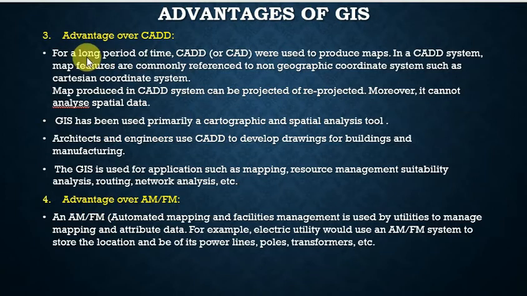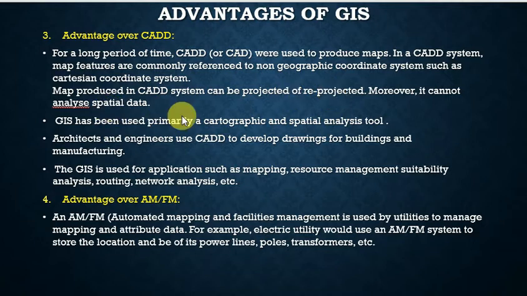Advantages over the CAD. For a long period of time, CADs were used to produce maps. In a CAD system, map features are commonly referenced to a non-geographic coordinate system such as the Cartesian coordinate system. Maps produced in a CAD system can be projected or reprojected. Moreover, it cannot analyze spatial data.